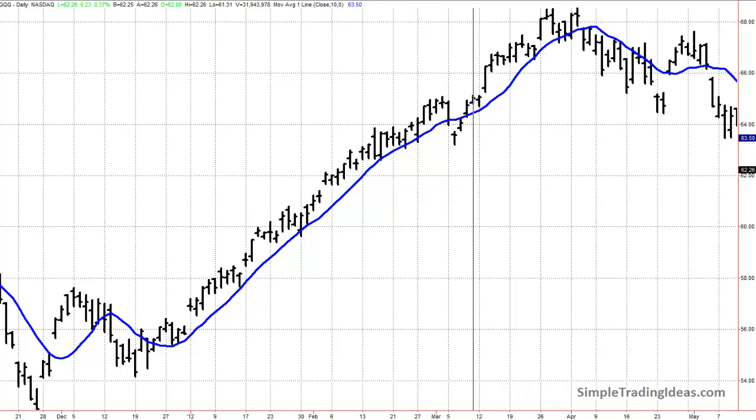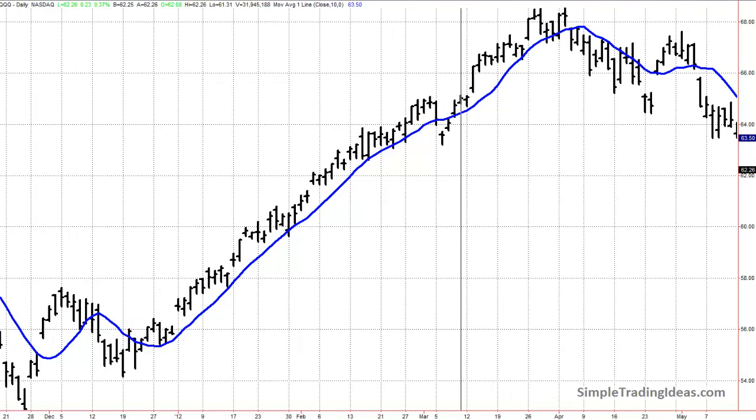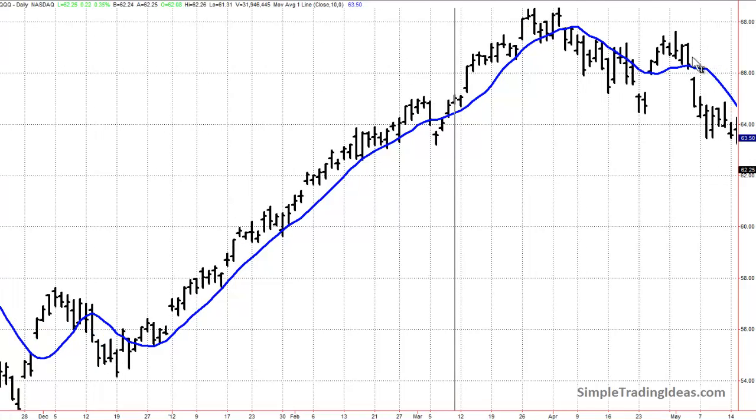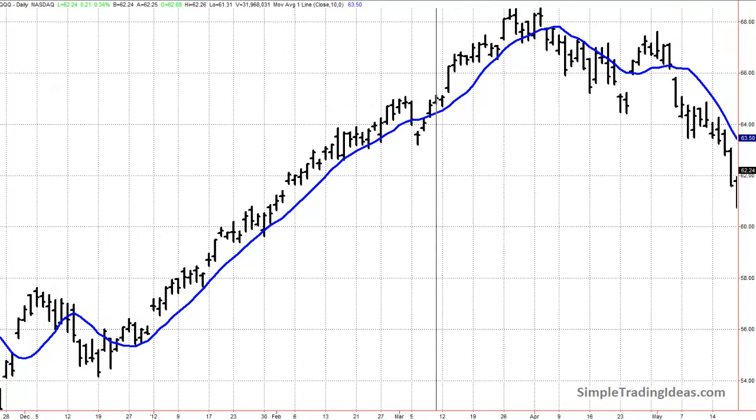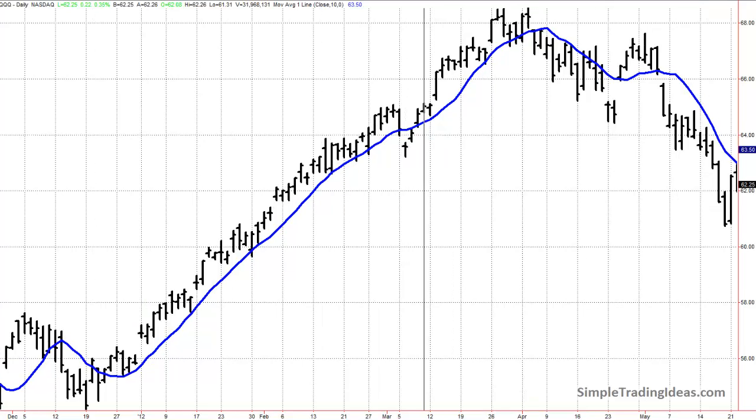Okay, so here we go. We're back here. As you can see, we're no longer in our buy or long position. We've closed below the moving average, and we are selling at the open of the very next bar as we go down.